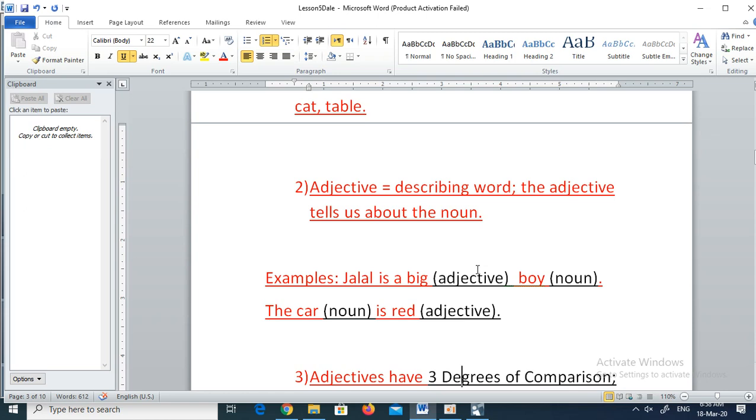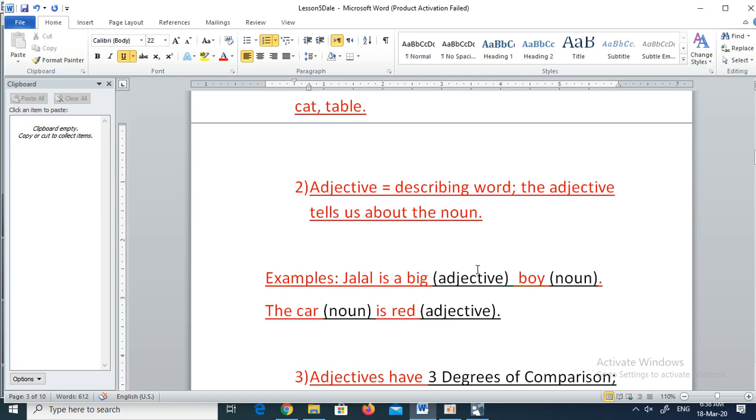If we look at example 2, the car is red. The word car is a noun because it is the name of a thing, and red is an adjective because red tells us something about the car, which is a noun.